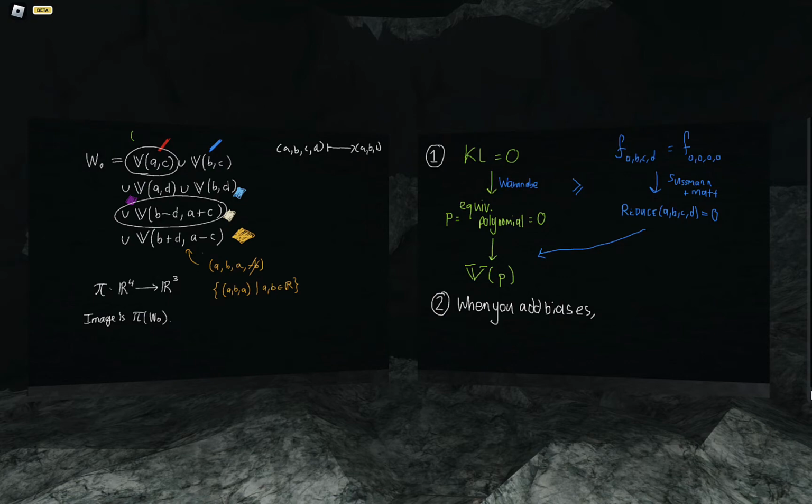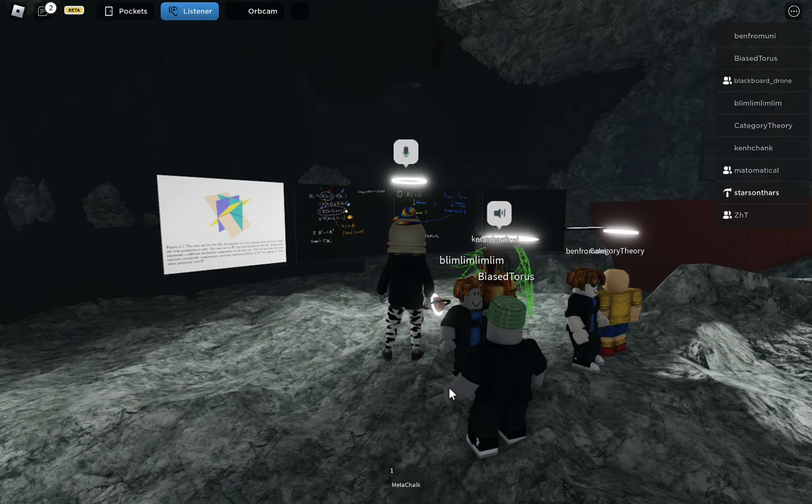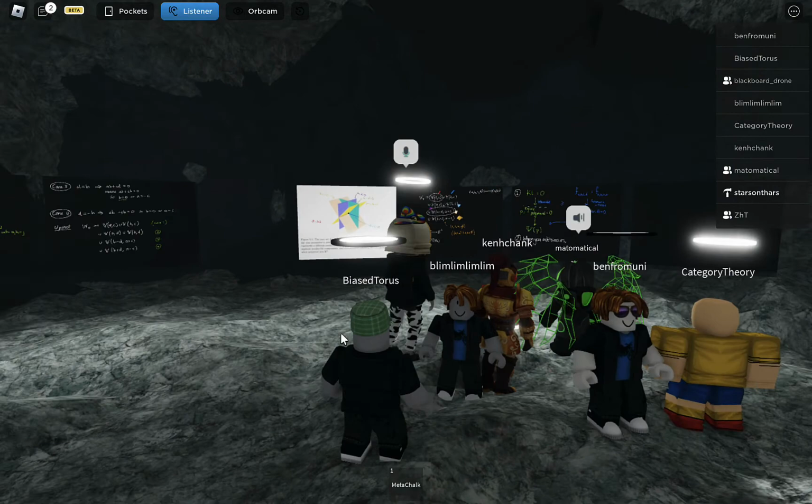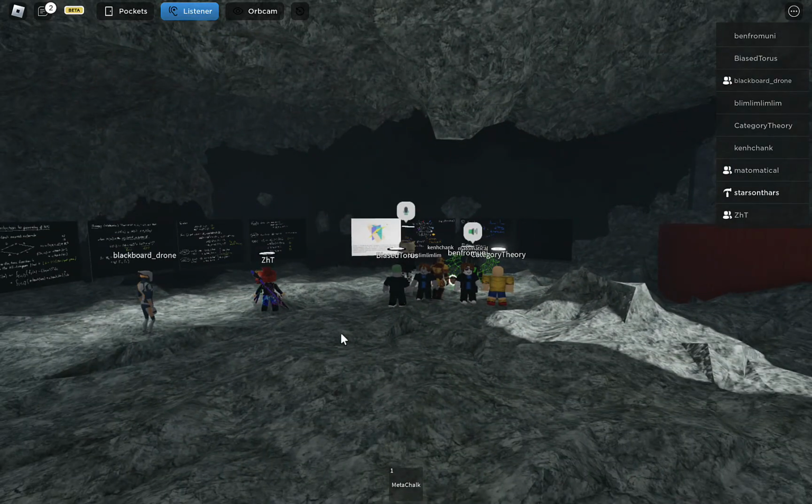Well, my perspective would be that while Watanabe's equivalent polynomial is a heavier result because it has this neighboring information as well compared to Sussman's, from this point these two approaches are doing the same thing.